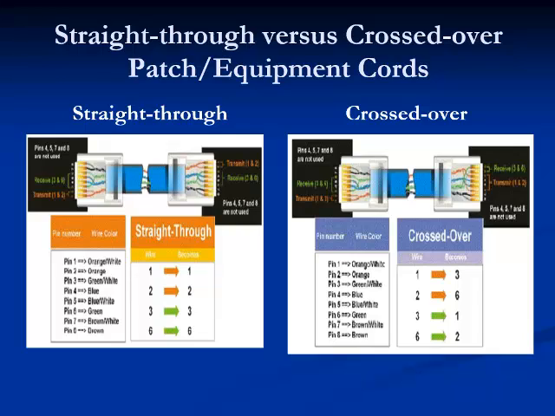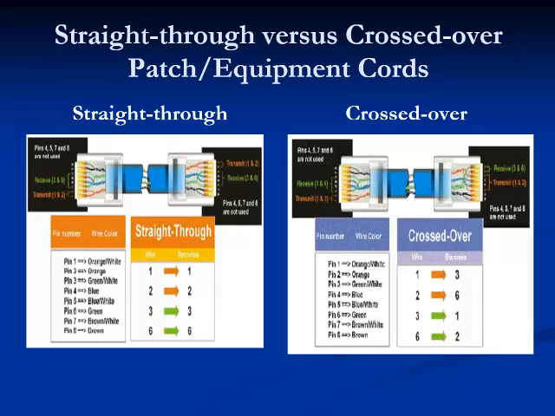Once you know the two color codes, you can build either a straight-through or crossover patch cord or equipment cord. Note that when you build a patch cord, you use either T568A or T568B for both ends, whereas when building a crossover cable, you use T568A on one end and T568B on the other.